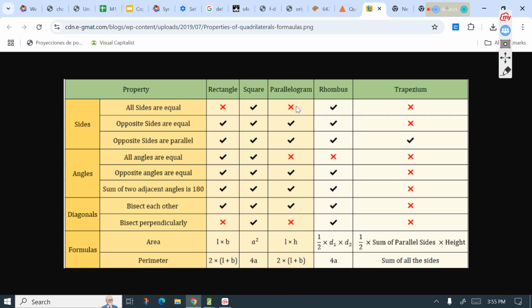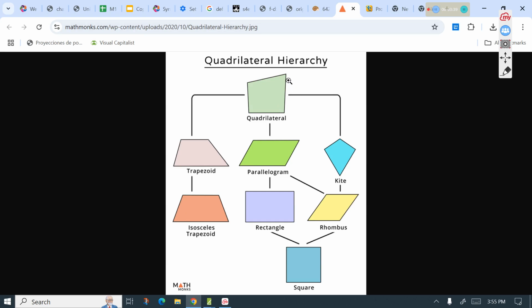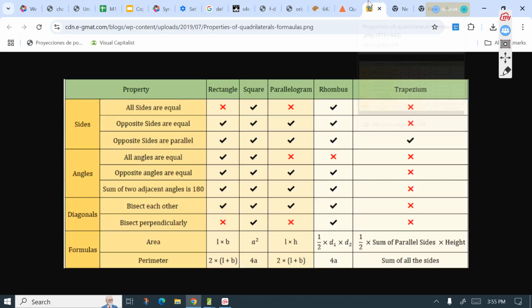In a parallelogram, it's not necessarily true that all the sides are equal, but in a rhombus, it is. And we see a trapezium is kind of like a random quadrilateral where nothing's parallel, where none of the sides are equal, where there's nothing special about it, where all we know is that it's a four-sided shape and it doesn't fit into any of the other categories.